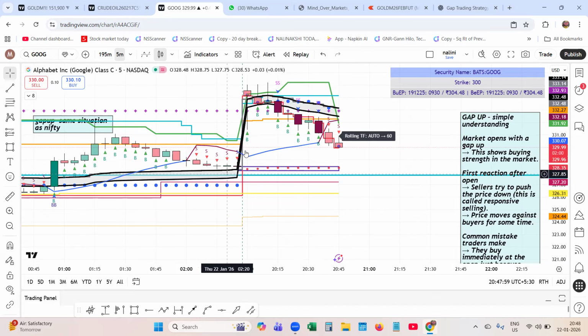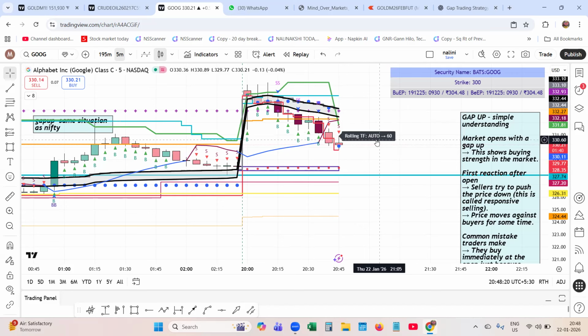Now there is responsive selling from the sellers, and at one point of time it may find the value, and the market may start resuming its initial activity to the upside.